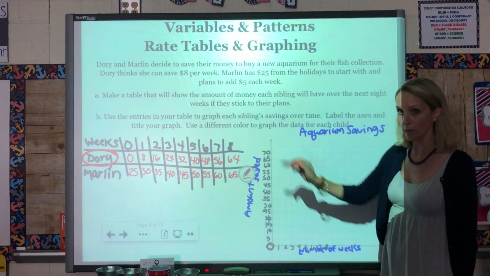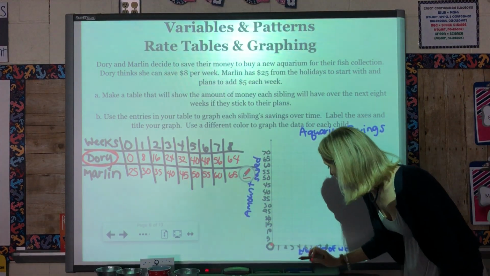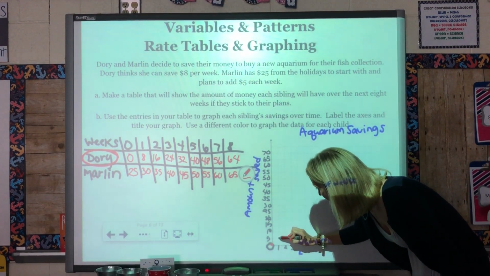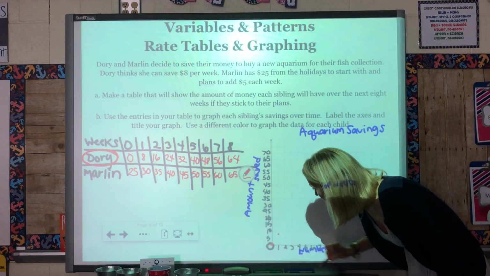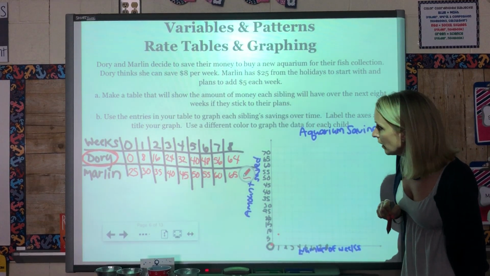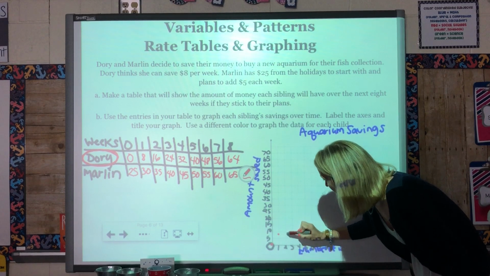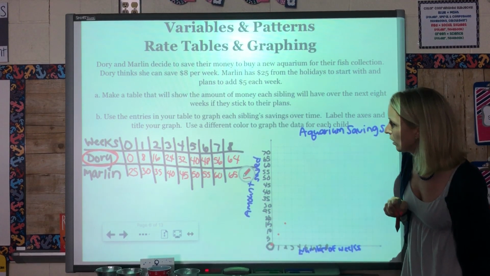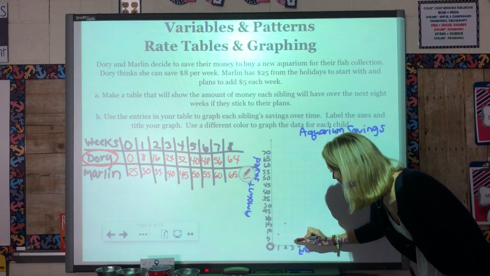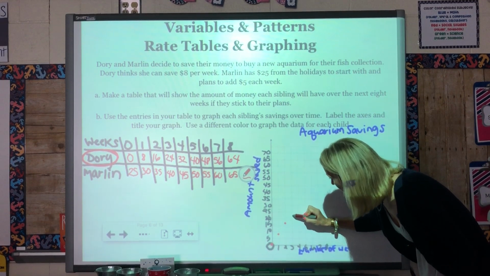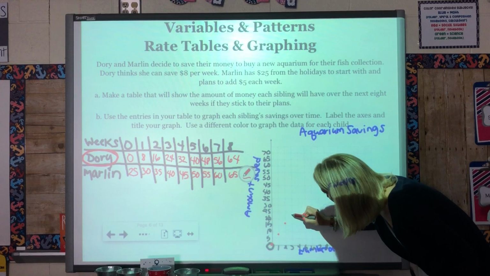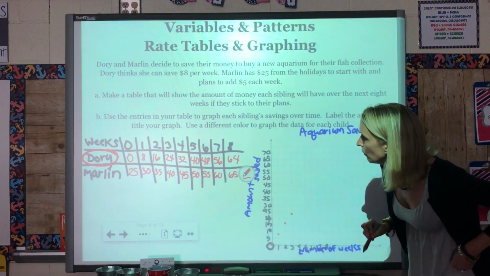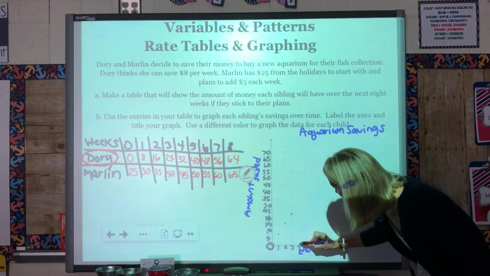Dory, after week 1, remember, she had $8. So I'm going to go over week 1. She had $8, which is going to fall right about there. Then week 2, she had $16, right about there. Week 3, 24, right about here. Week 4, $32 for Dory.